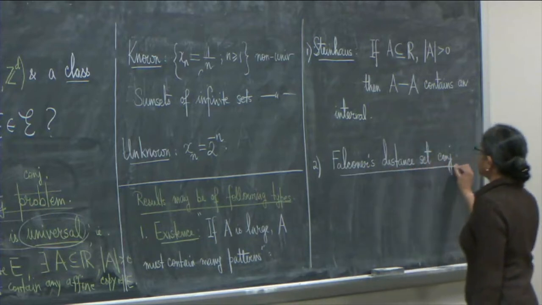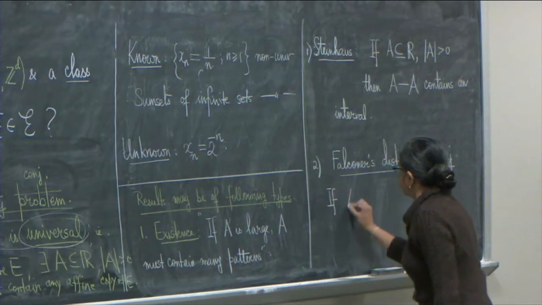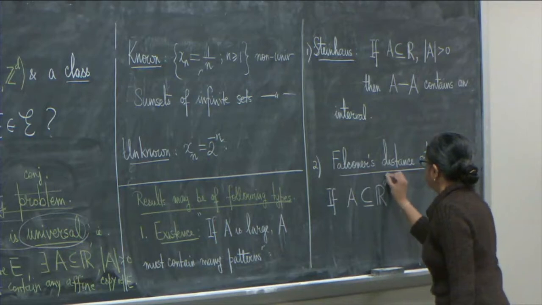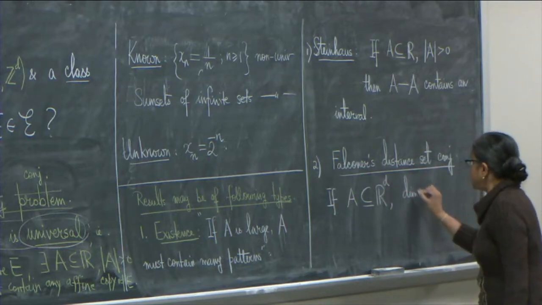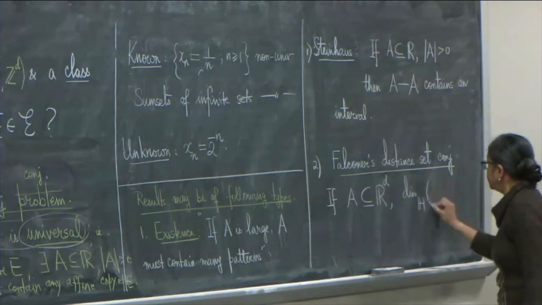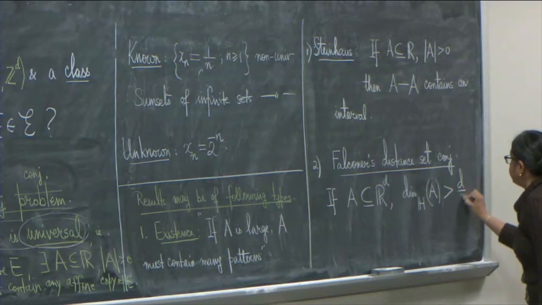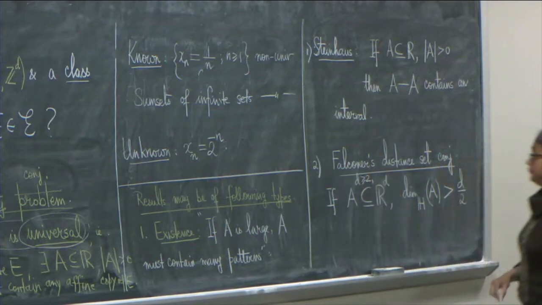The conjecture says that if A is a subset of R^d, Borel and everything, and its Hausdorff dimension is at least half the ambient dimension, and d here is bigger than or equal to 2.